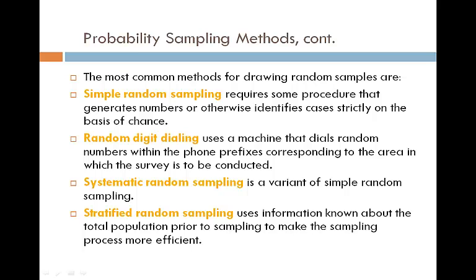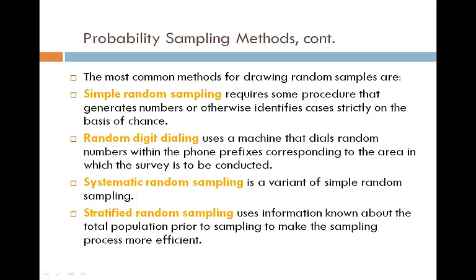Under probability sampling methods, there are 4 types of random sampling methods. They are very popular. Number 1, simple random sampling. This method requires some procedure that generates numbers or otherwise identifies cases strictly on the basis of chance.